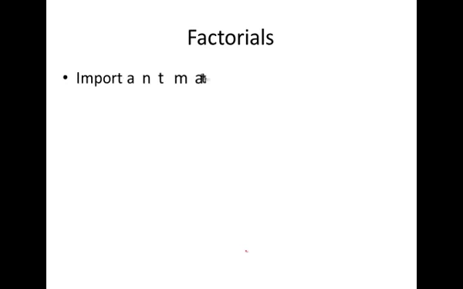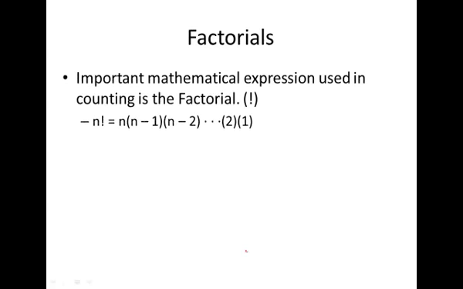All right, factorials. When we use the exclamation point, right? This is a definition here. So n factorial means n needs to be a counting number, like 1, well, it could be 0 also, 2, 3, 4, and so on.